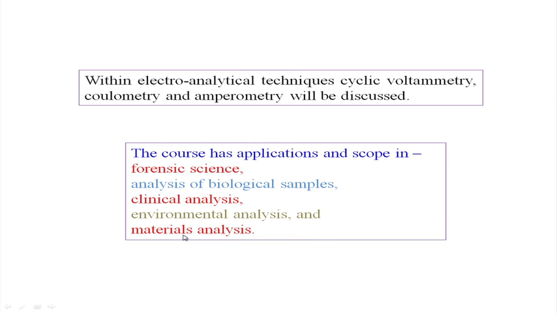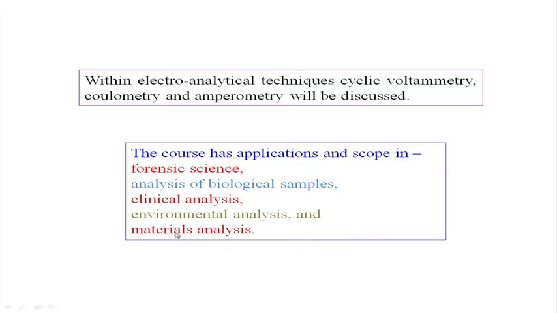Similarly, we can analyze air samples, and lastly we can apply analytical chemistry to the analysis of different materials. Materials can be solid materials, or electronic components that are part of a computer, which are made of inorganic or metal samples.